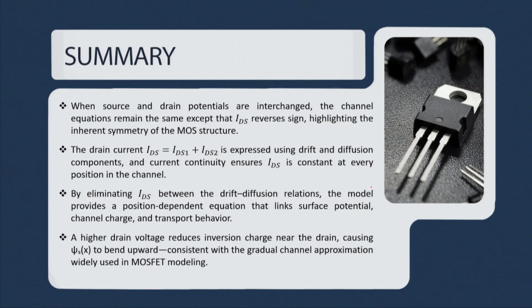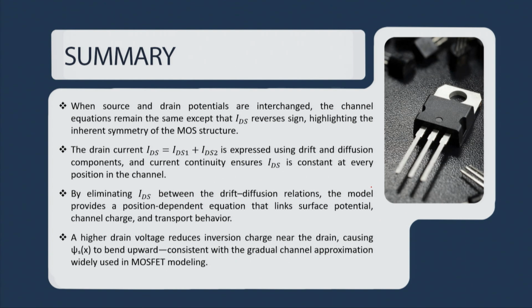We have seen that when source and drain potentials are interchanged, the channel equation remains the same except for the direction of the current, meaning the MOSFET is a symmetric device. We have also found that the drain current, which is nothing but the sum of IDS1 and IDS2, can be expressed by drift and diffusion components.